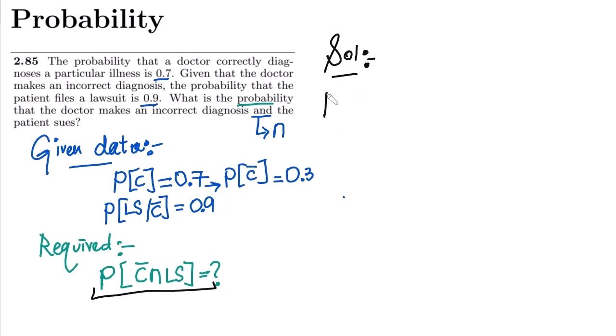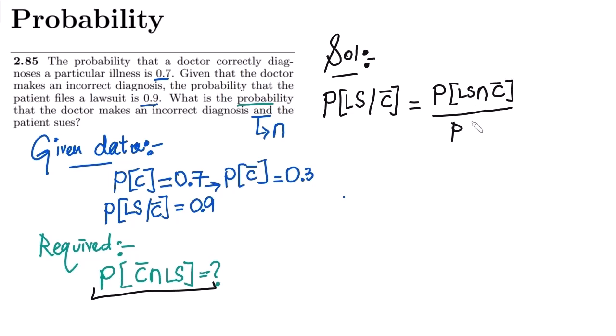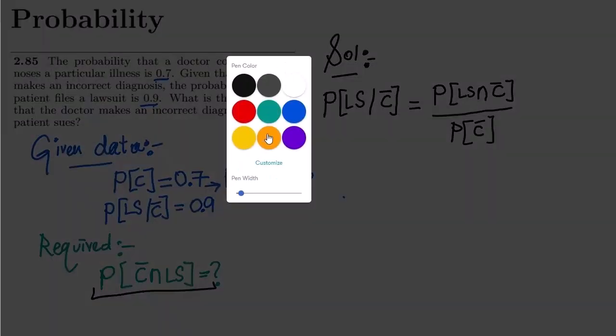Here we know that the probability of a lawsuit, given that a doctor makes an incorrect decision, according to the conditional probability, is the probability of a lawsuit and an incorrect decision divided by the probability of an incorrect diagnosis.